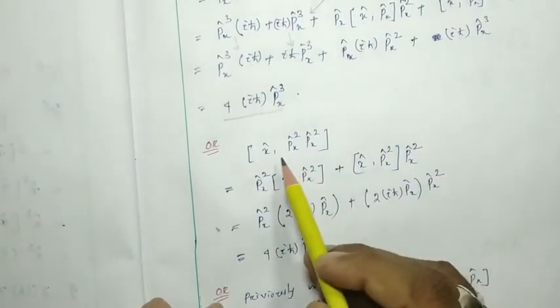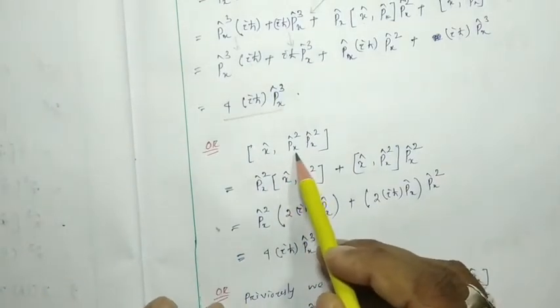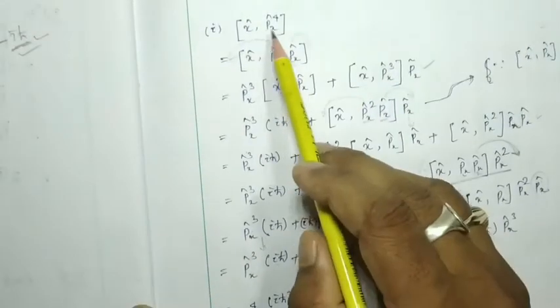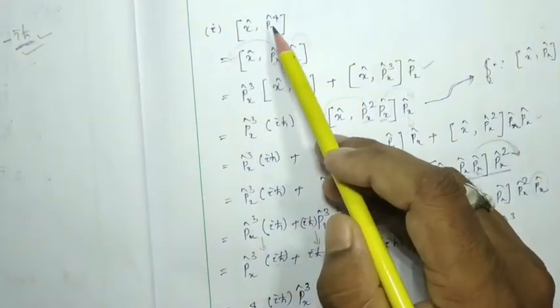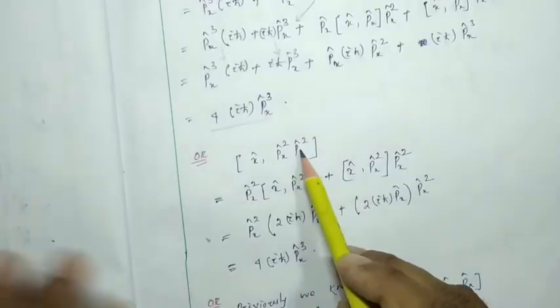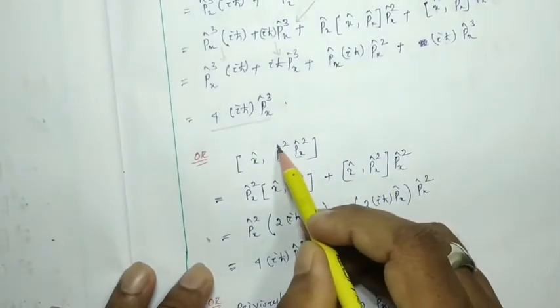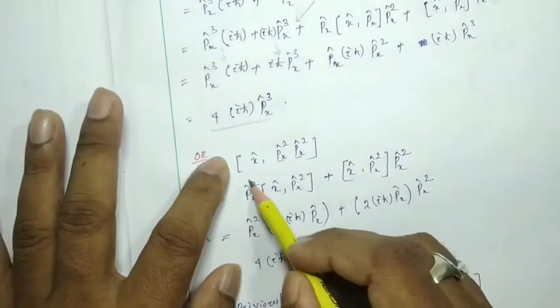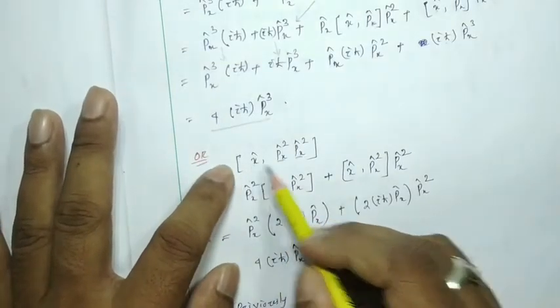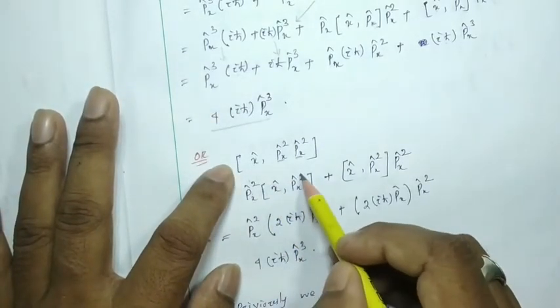How? This p_x to the power 4 can be written as p_x square into p_x square. Okay, so as this is left and this is right, the left will be moved this side, p_x square. The rest of the operator will be in the bracket, x cap p_x cap square.